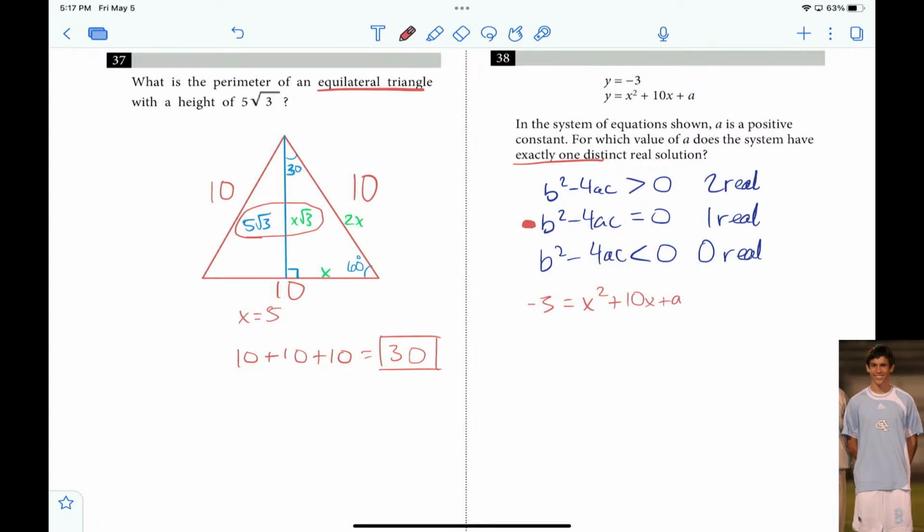But again, in order to get it into our standard form, we want it to be equal to 0. So we're going to move this 3 over. So I'm going to add it over. So now we get 0 equals x squared plus 10x plus a plus 3.